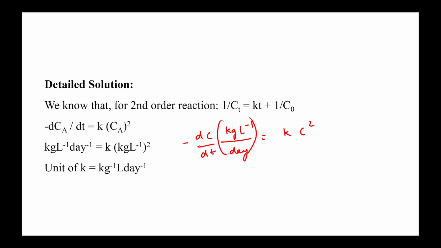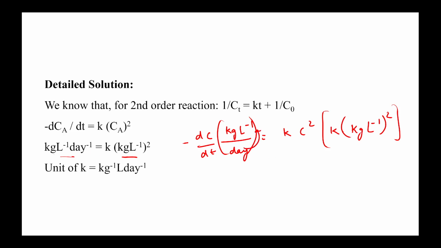We don't know the unit of K, so I'll just write K into the unit of C, which is kg per liter, whole square. This would be the unit of K C square. Now if I equate the units on both sides, you can see kg per liter per day. Day is in the denominator.